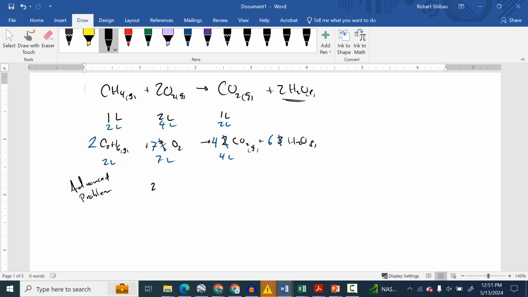This advanced problem is going to have a 2-liter mixture of ethane and methane that was burned, and it produced three liters of CO2.